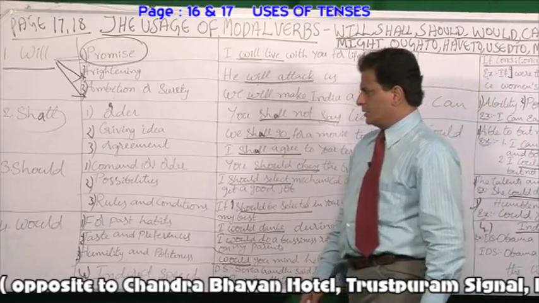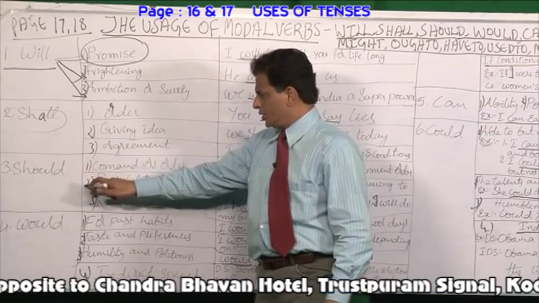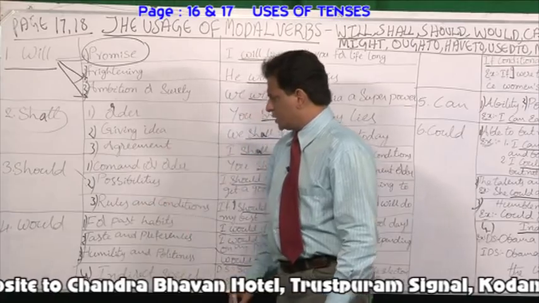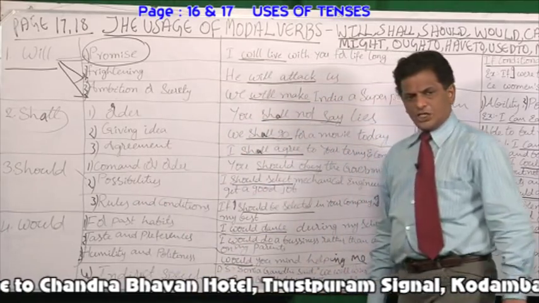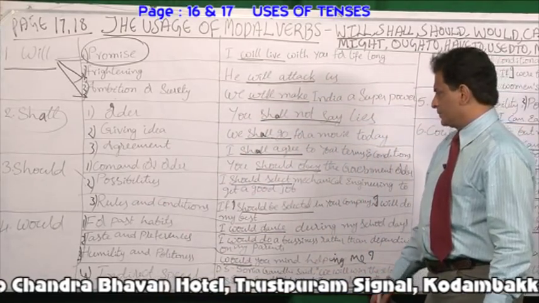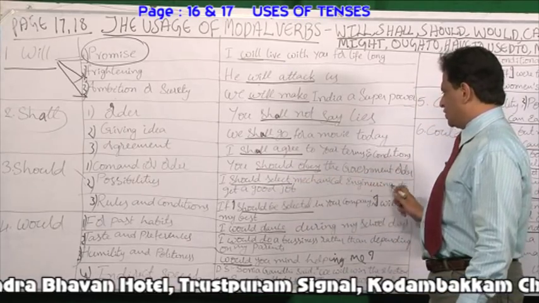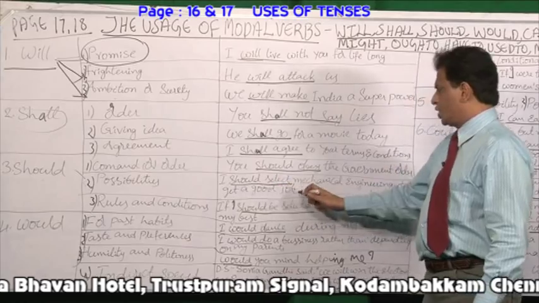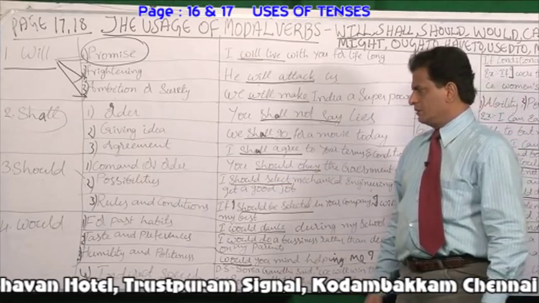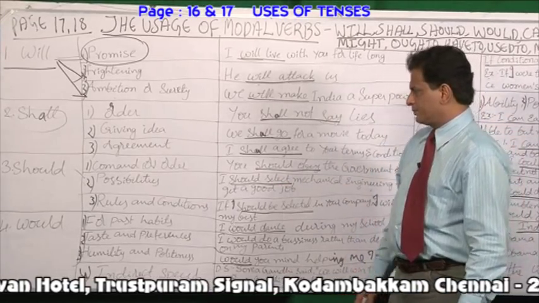You are commanding. Number two place where you use should. Should is used with possibility. There are chances to happen. I should select mechanical engineering to get a good job. It's a possibility.